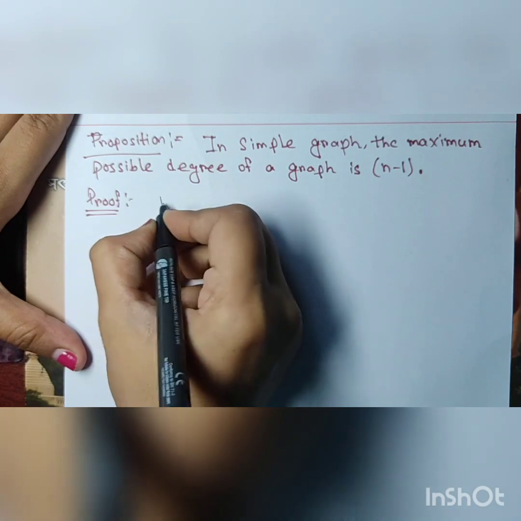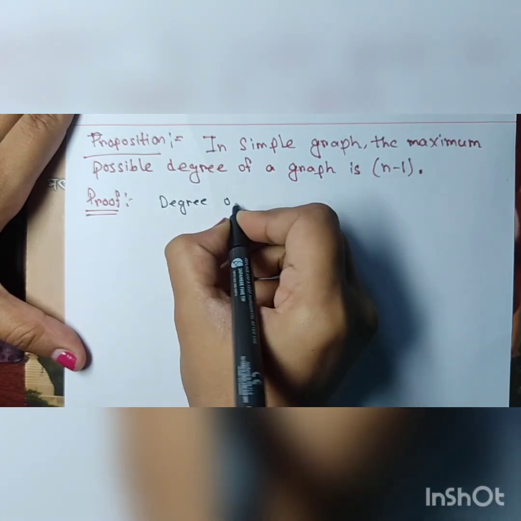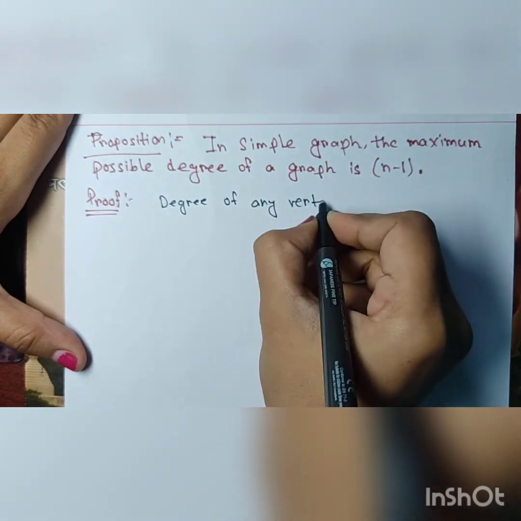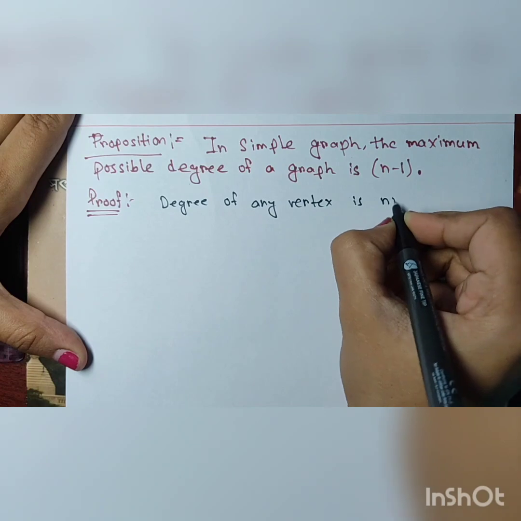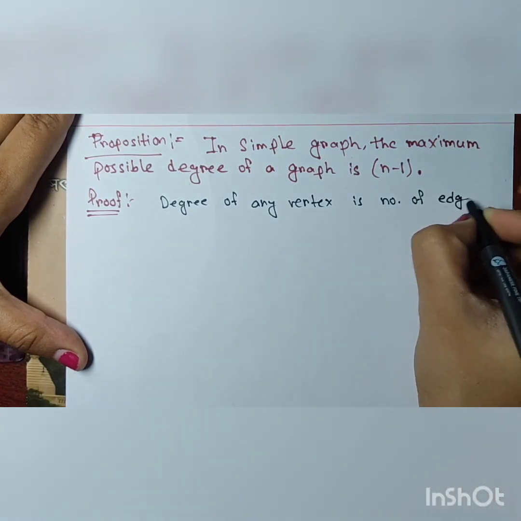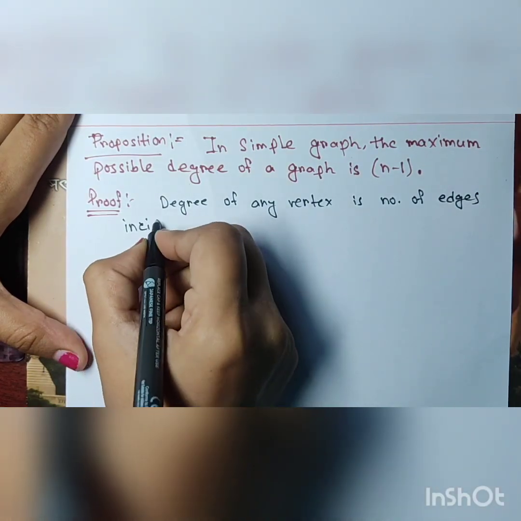So we will write down that the degree of any vertex is the number of edges incident on that vertex.